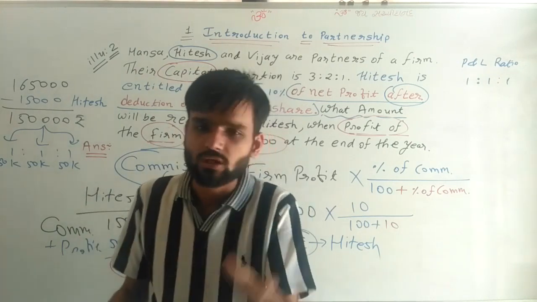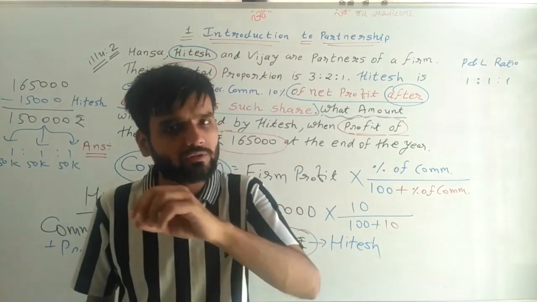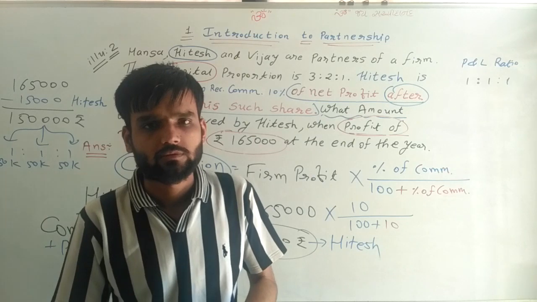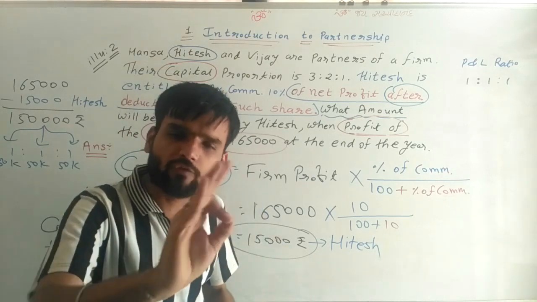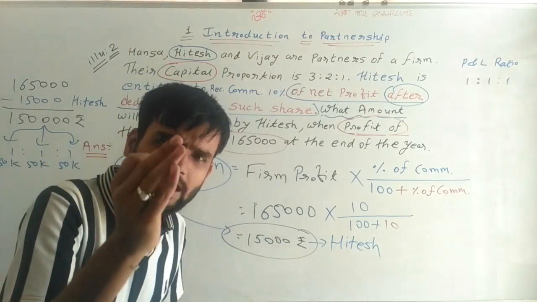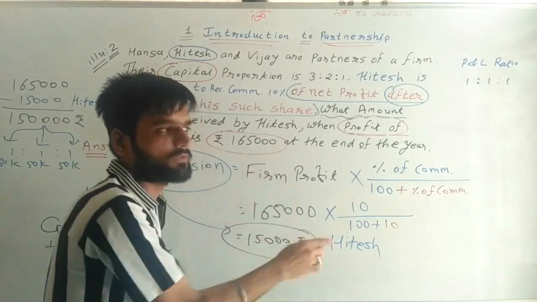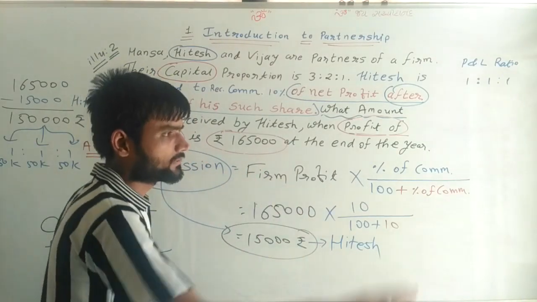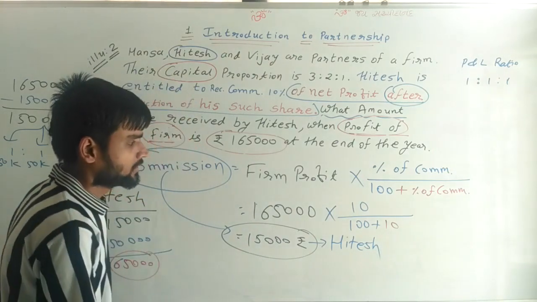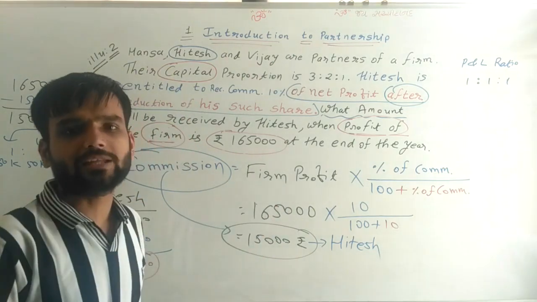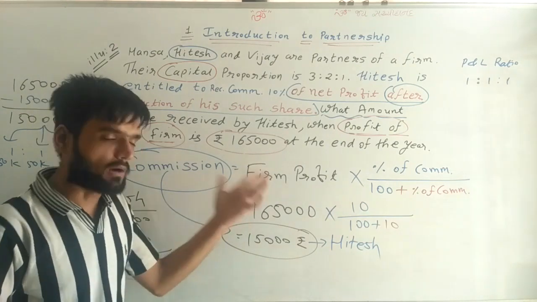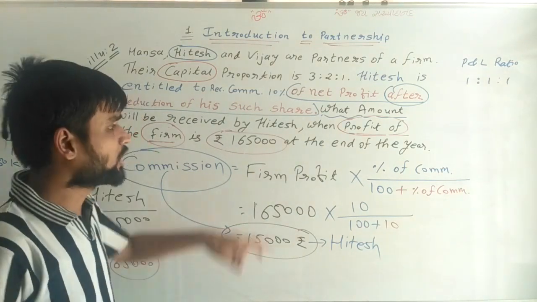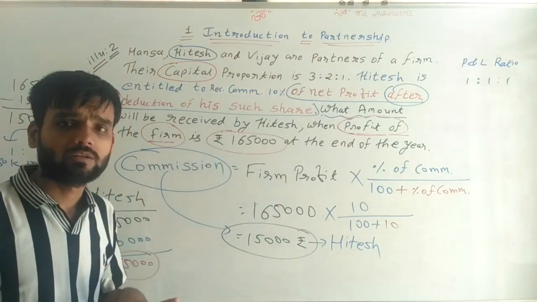Because in your textbook, the 2 formulas are not given; only profit is written. Here I give you clarity: firm's profit, divisible profit. First of all, we calculated this by firm's profit, because here firm's profit is available.